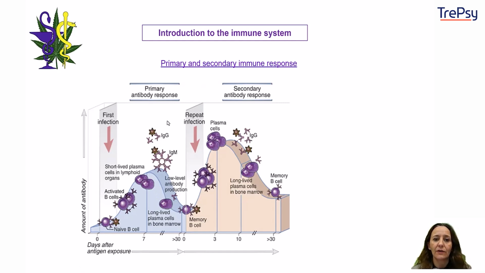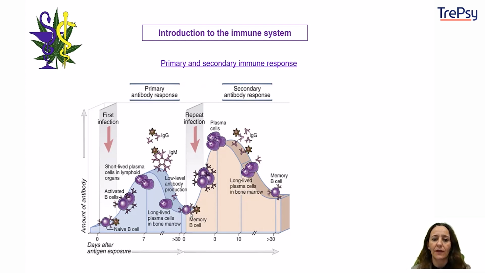And if we have a repeated infection with the same antigen that we have previously been exposed to, then we have another higher response, a secondary antibody response, that will be quicker and higher. And this is very important because memory cells are there.